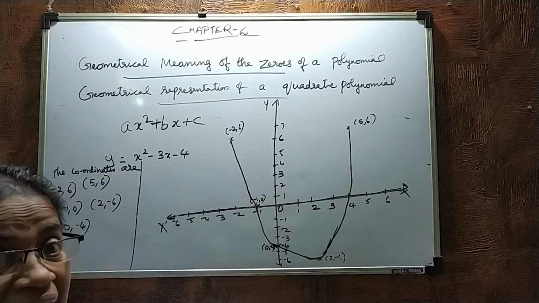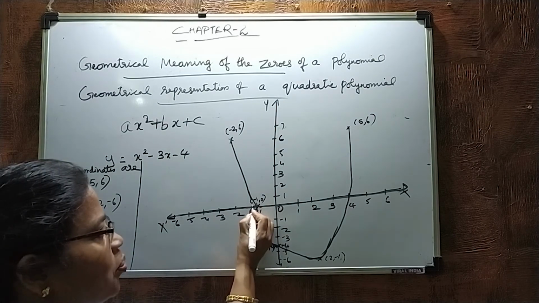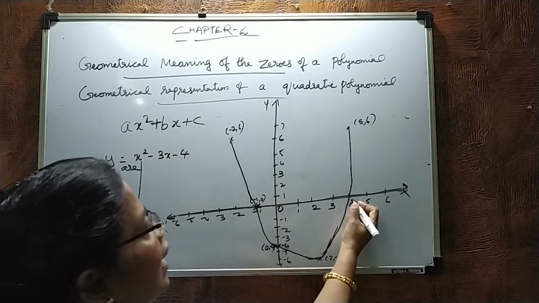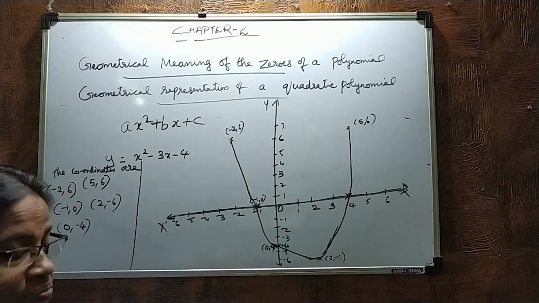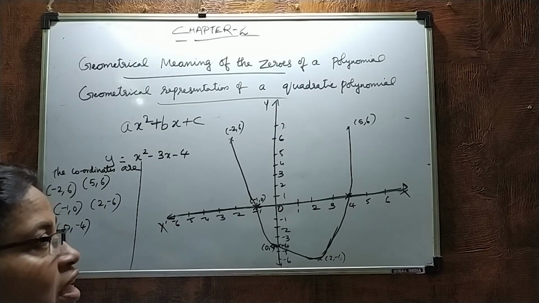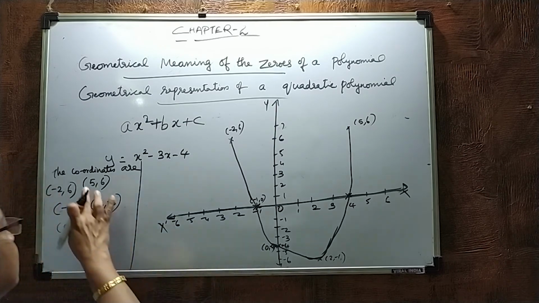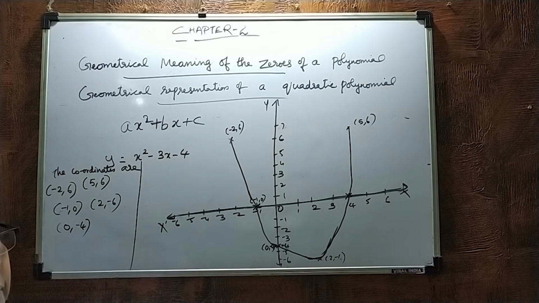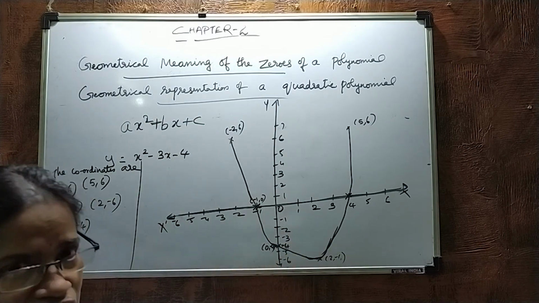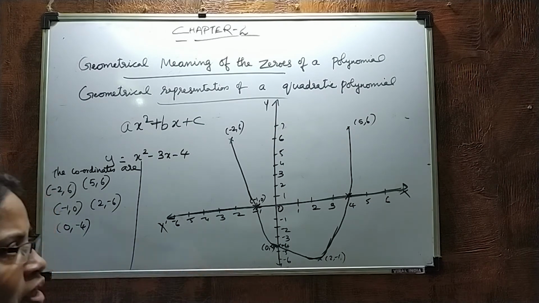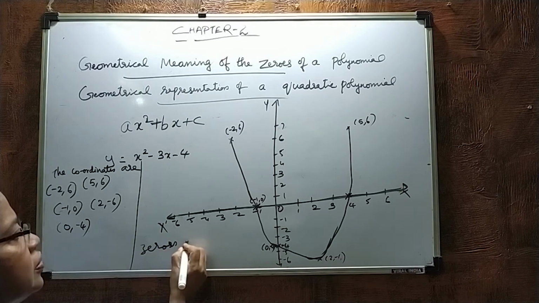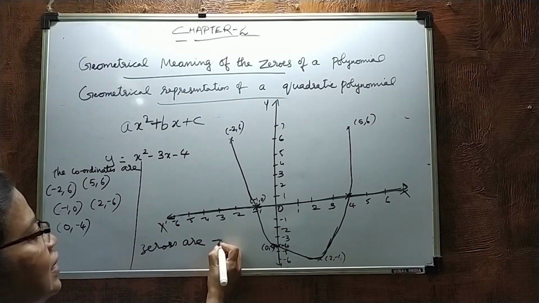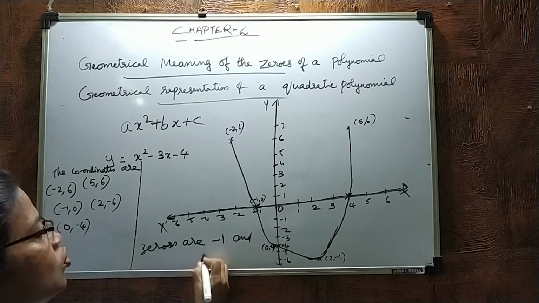Which are the 2 points? -1 and 4. By splitting the middle term, you can find the same thing. Just check it if you want. From the geometrical figure, we can find that the zeros are -1 and 4.